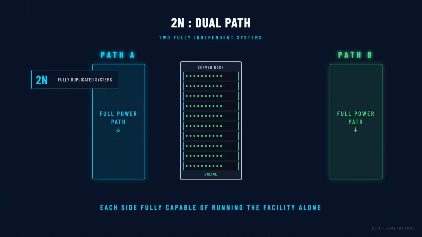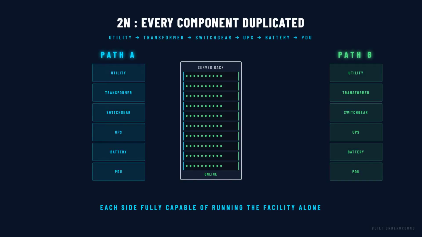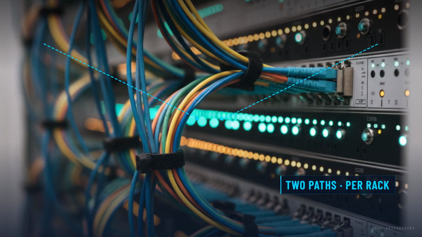2N doubles everything. Instead of adding one spare component, you build 2 completely independent systems, each one fully capable of supporting the entire facility on its own. 2 utility power feeds from different substations, 2 sets of transformers, 2 sets of switchgear, 2 UPS systems with independent battery banks, 2 separate distribution paths, all the way down to 2 power connections at every single server rack, each connected to a different path.